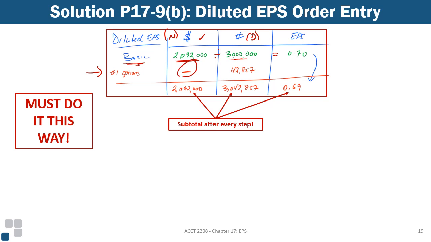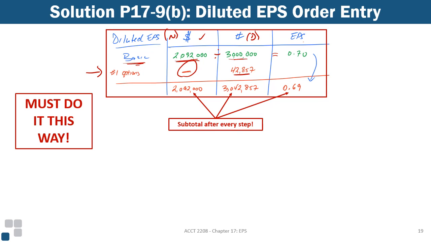Notice that with the options, there is no earnings impact. There is no savings of any interest, so there's no number added to the earnings. But there is an additional 42,857 net shares added, and that's the 100,000 shares on the options minus the assumed number that's repurchased.